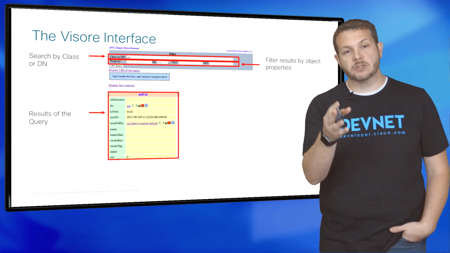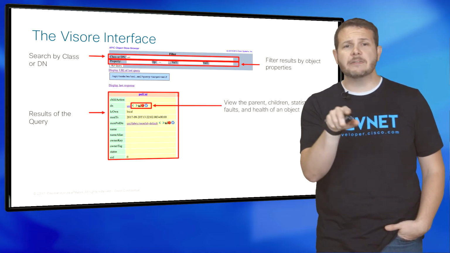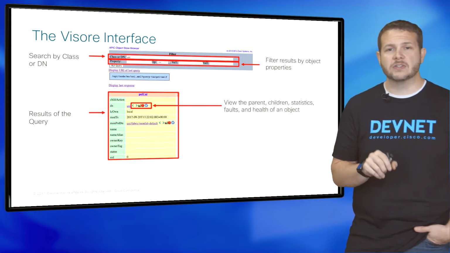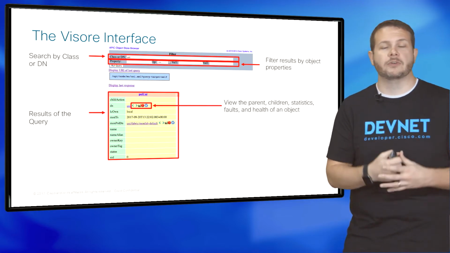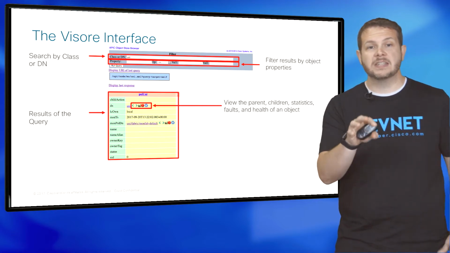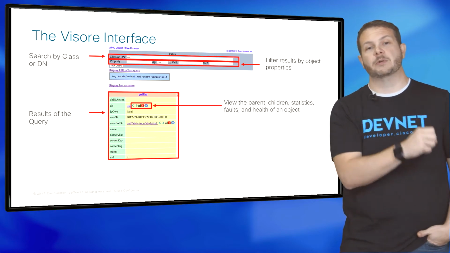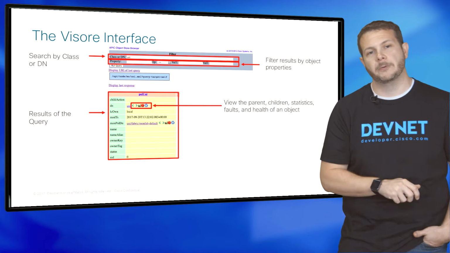This results list may be scrollable depending on how many results were returned. Inside of every result object, we have indications so that we can dive in and we can navigate the tree by looking at the parent or the children using the green greater than and less than symbols. If we're interested in statistics, faults, or health information about a particular object, we can see those through the tree as well.